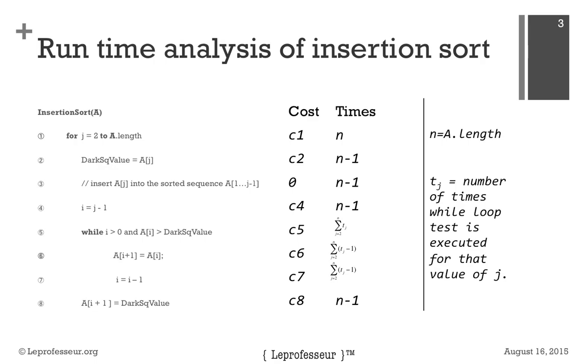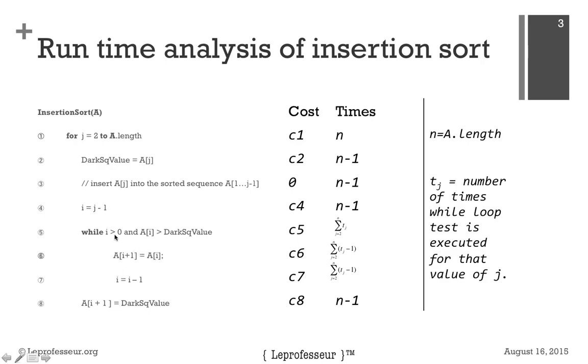And if some elements are in order and some are not, it might take some time in between, because here we are executing the while loop. If your whole list is sorted, then only the while test condition will be executed. No other statements, say statements number 6 and 7, will be executed in the loop.